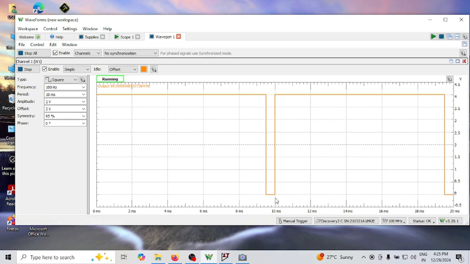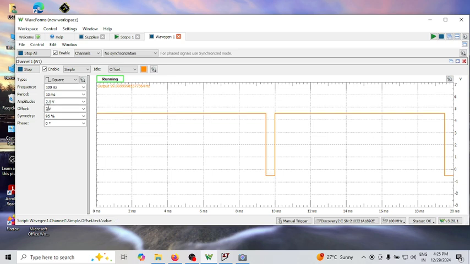You can see my off time is very less and on time is more. It is going from 0 to 4 volts. Let me make it 0 to 5 volts. So now I have a signal which is 0 to 5 volts.